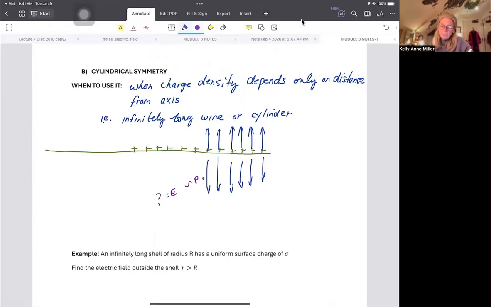Because the symmetry is cylindrical, the only thing that matters is how far you are from some axis. So instead of drawing a spherical Gaussian surface, I can draw a cylindrical one. I'm going to draw my Gaussian surface as a cylinder such that it goes through P, starting with this part of the cylinder, and then that's the cap.